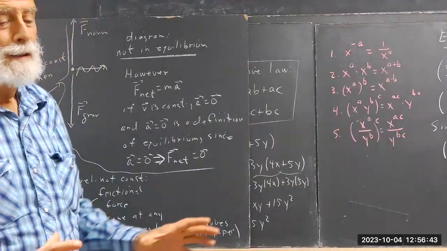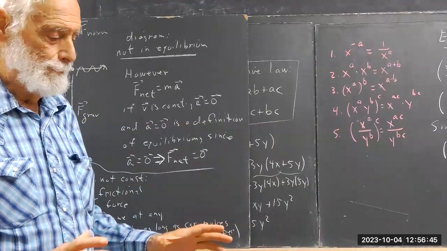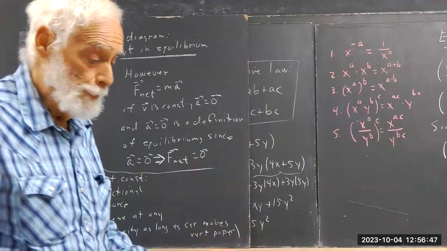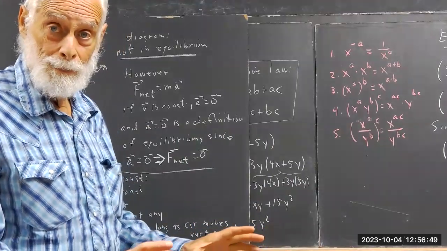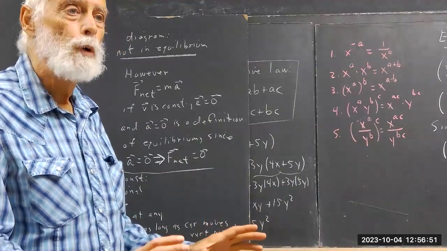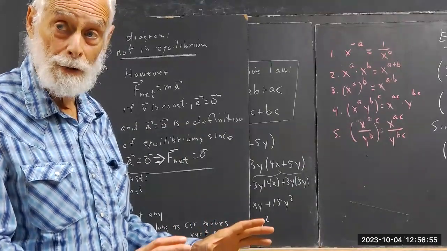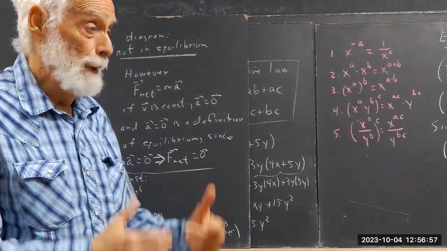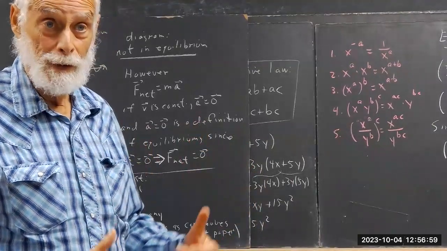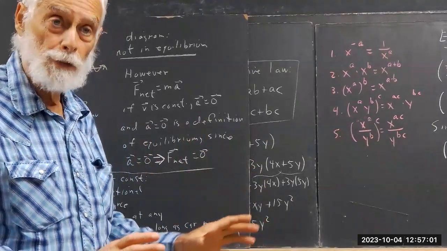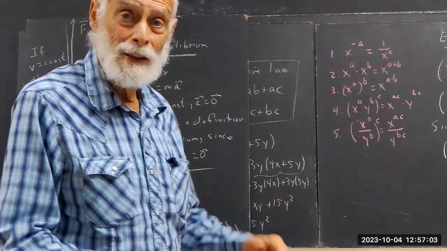So let's say it takes 50 pounds of force to move that box. You exert 50.01 pounds of force and it starts moving. All of a sudden, the friction drops to where maybe it exerts only 30 pounds against your push. So you've got a net force of 20 pounds on that box and you accelerate.